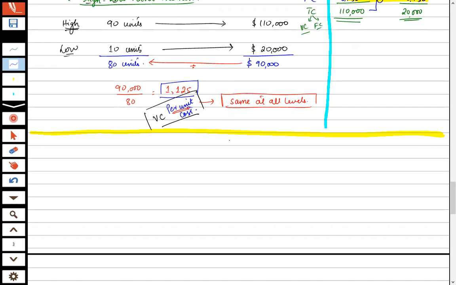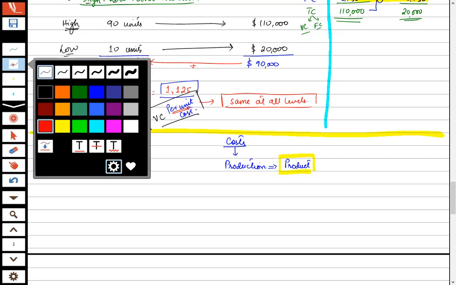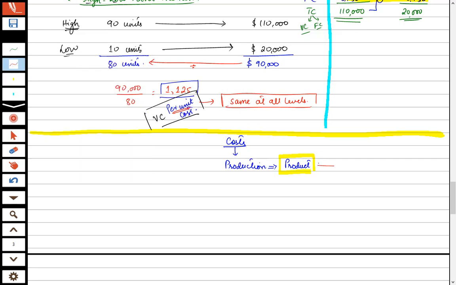Obviously, these costs are used in the production of any product. The main target of any organization is the production of a product, and after they have produced it, they will go into the market and sell it. Then they will get revenue.